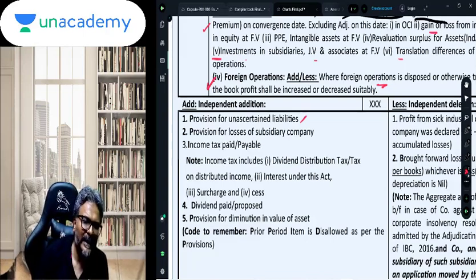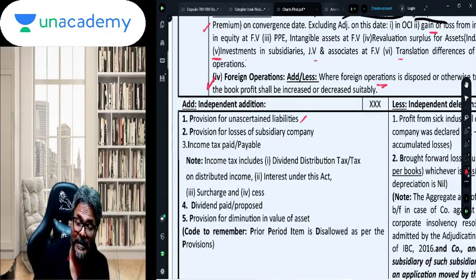Accordingly, any provision for loss of a subsidiary company, if it is debited in the profit and loss account, needs to be added back in computing the book profit. By the way, students, what you do about this adjustment while you compute the PGBP or the total income as per the normal provisions? Again there also you add it back, because it is the subsidiary company which will take that particular credit, not the holding company. So the same thing happens over there.